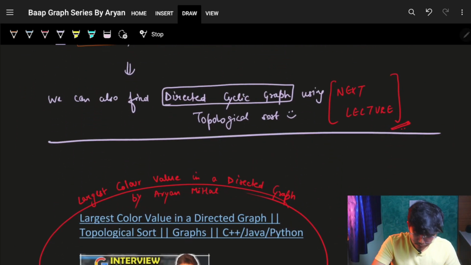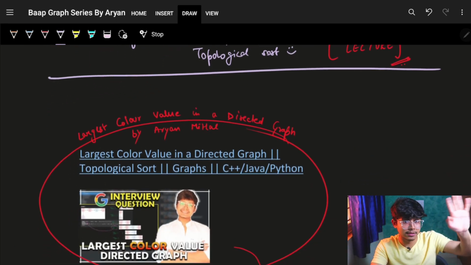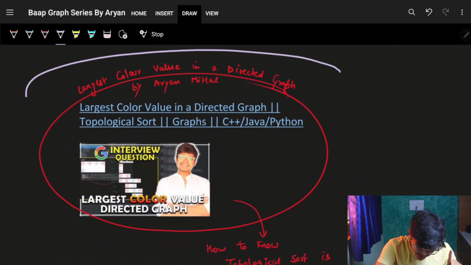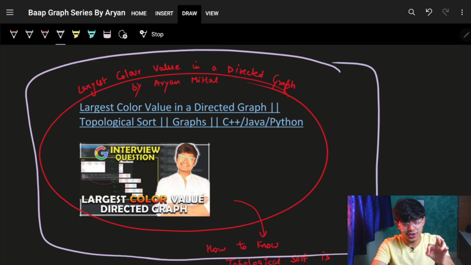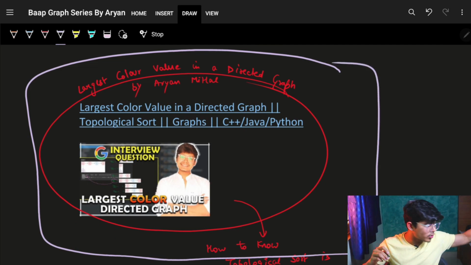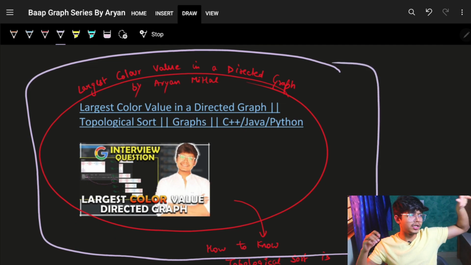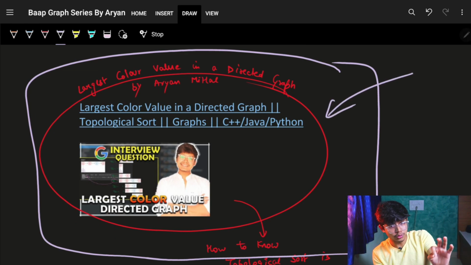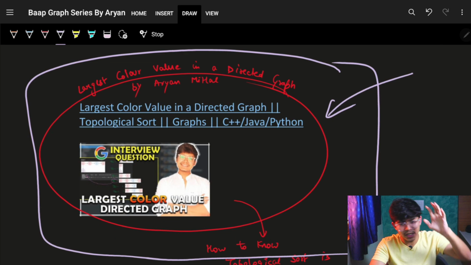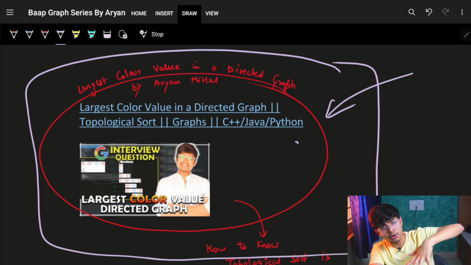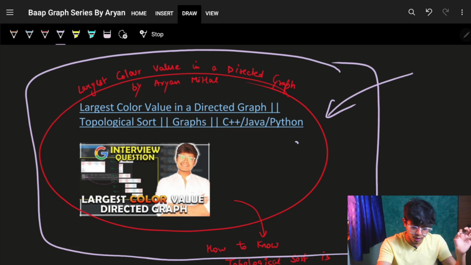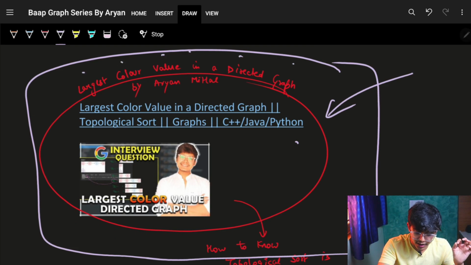Cool. Now, you learned this, but to practice, this question is one of the best you can find, because for other questions you already know that it is being applied. In this question, just write on Google, although the link would be down below also, but if I still forget to write the link, just write on Google, largest color value in a directed graph by Aryan Mittal.